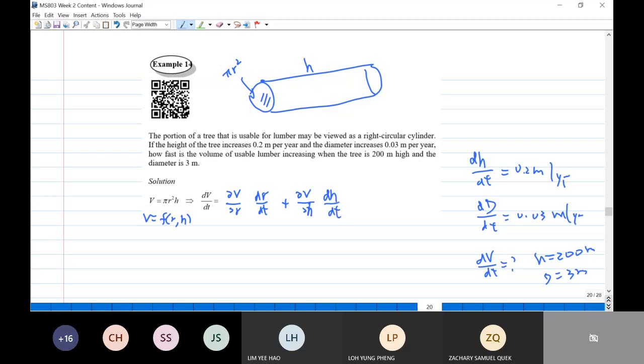This is the usual chain rule. Differentiating V with respect to R, keeping H constant, you get 2 pi R H.